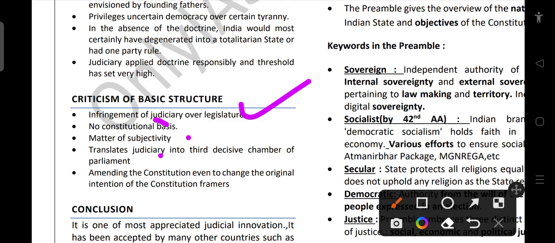Then it translates judiciary into a third decisive chamber of Parliament. So it is kind of involving in the legislation process. Then amending the constitution even to change the original intention of constitutional framers. So these are some of the criticisms of the doctrine.